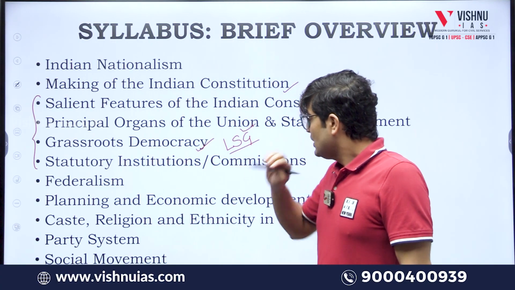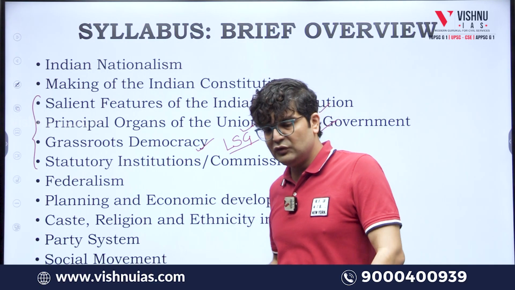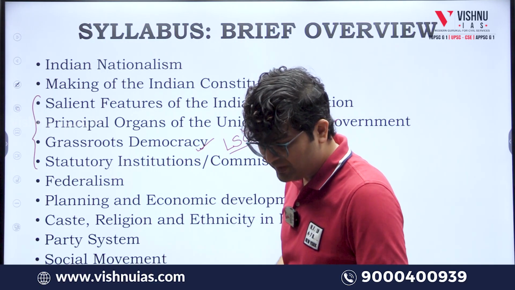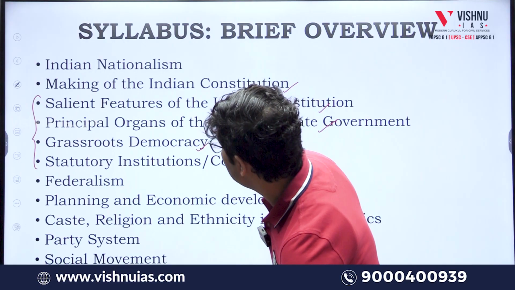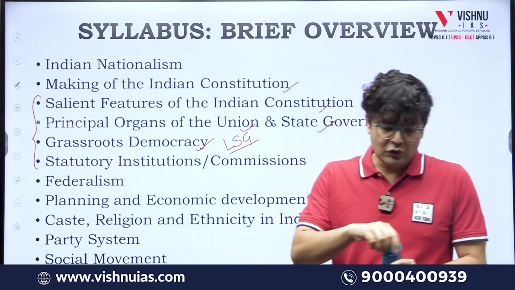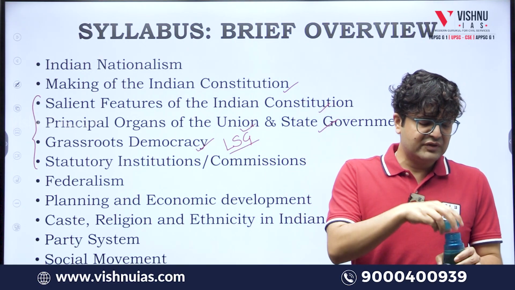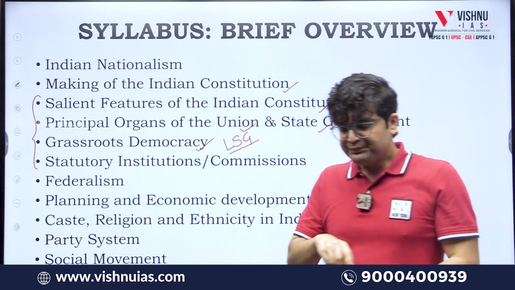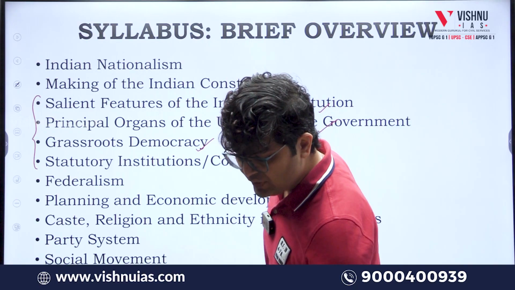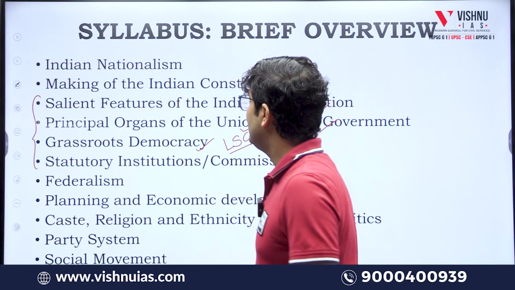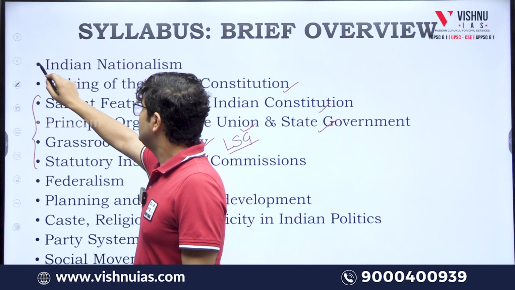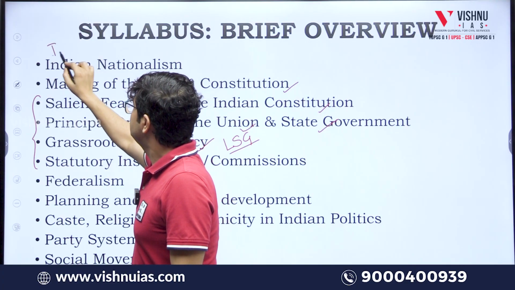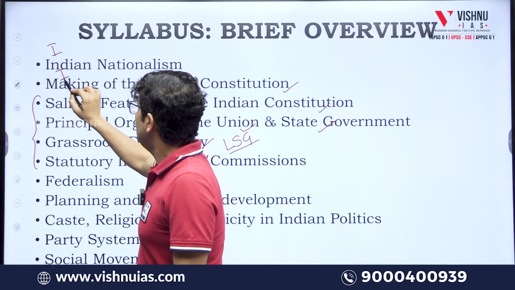Apart from it, we also see the very first 2 topics, which are Indian nationalism and making of the Indian Constitution. So in these 2 topics, again, the same story continues. Some overlap for history, that is GS paper 1 and 2 as well.